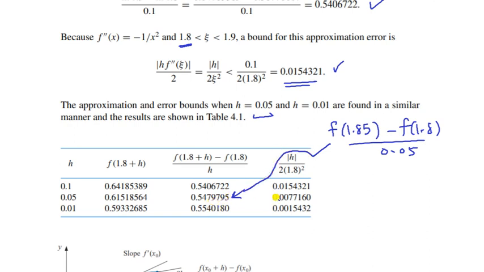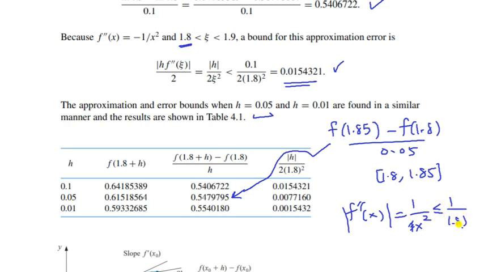Okay, and the error in this case is again on the left hand side, but now my interval is 1.85. But again, because the second derivative is equal to 1 over x square, it has to be less than or equal to 1 over 1.8 square one more time, because the left end point is still the same. So this is what I will call m.